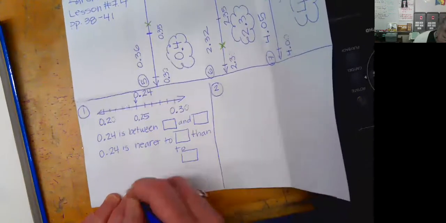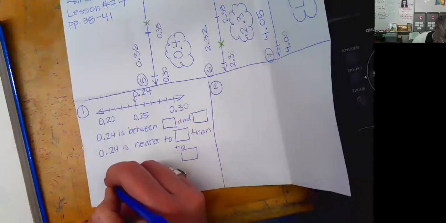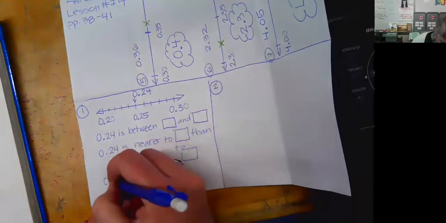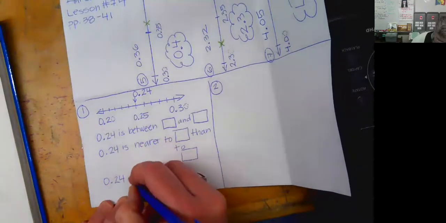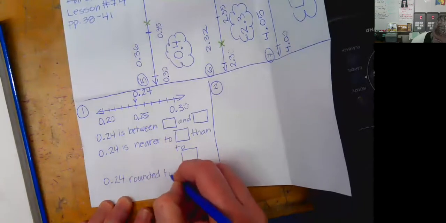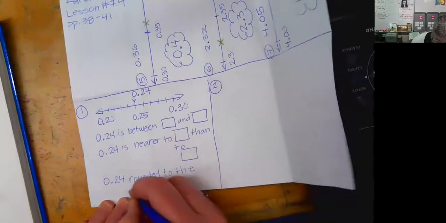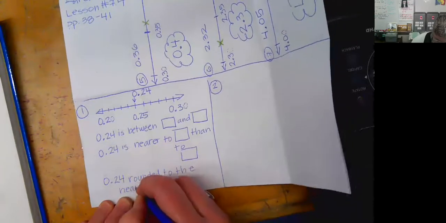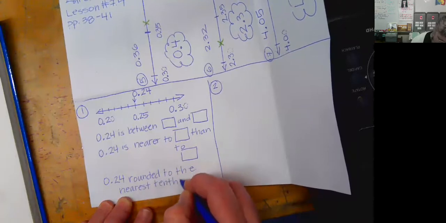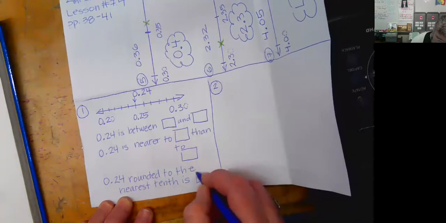And then it says 24 hundredths rounded to the nearest tenth is green box.